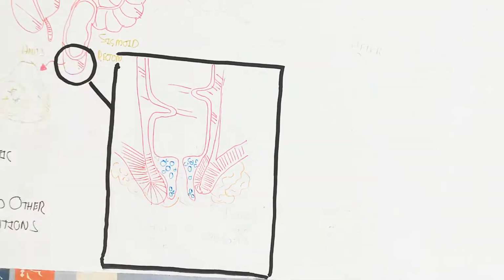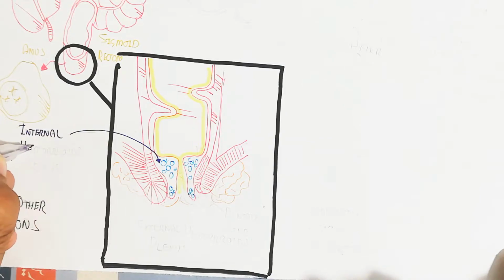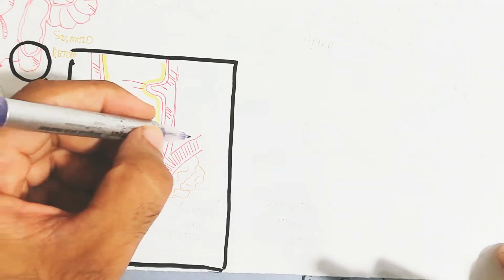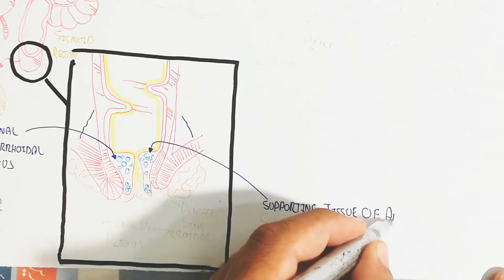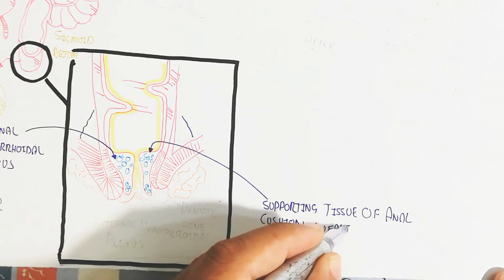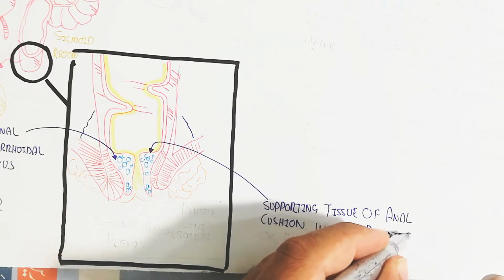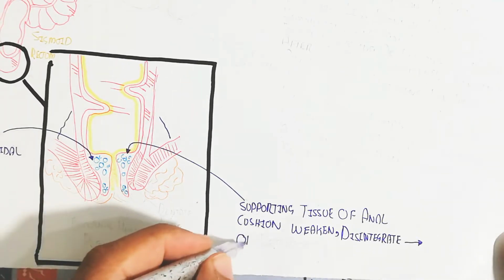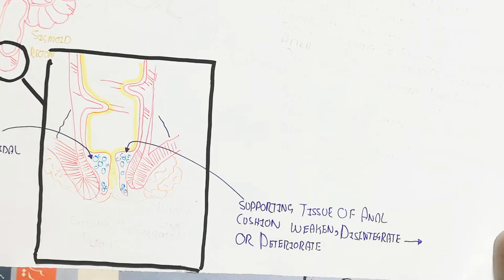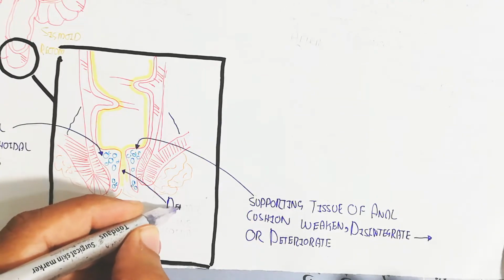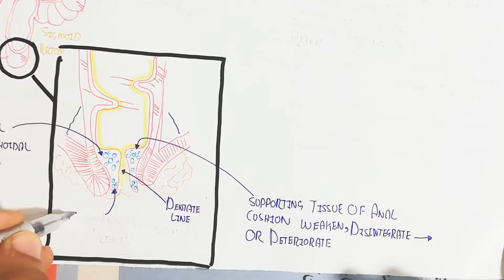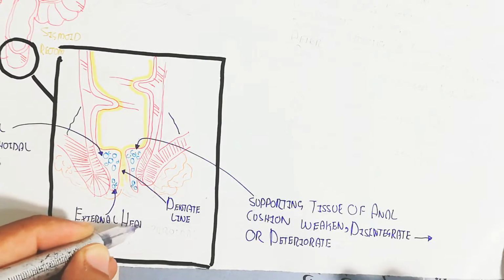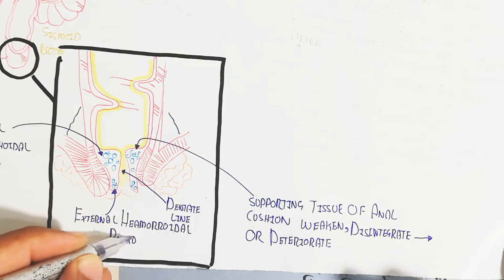So let's draw a bigger picture of the anal position. Here the internal hemorrhoidal plexus and the external hemorrhoidal plexus are present. These plexuses contain veins, and the supporting tissue of the anal cushion weakens and disintegrates or deteriorates, causing damage. Here the dentate line is present, remember that, and this is the external hemorrhoidal plexus.